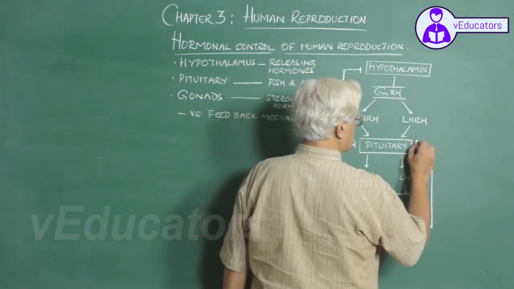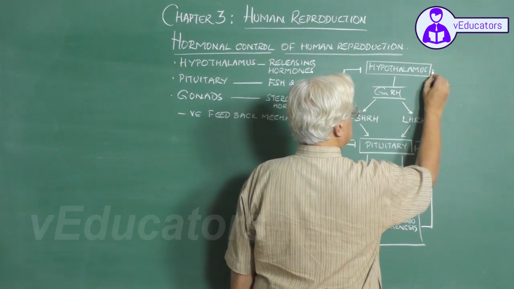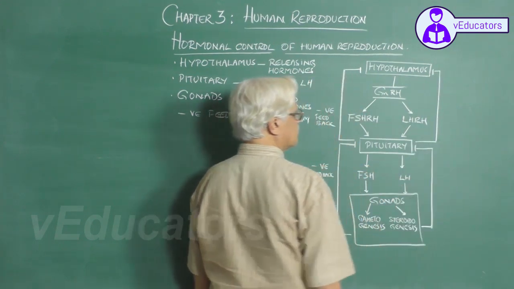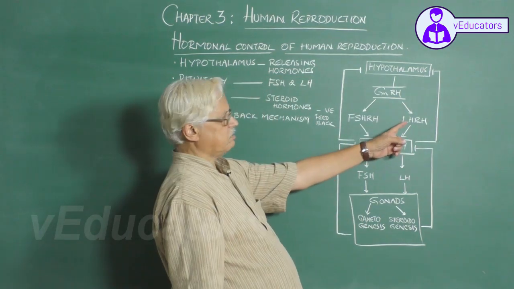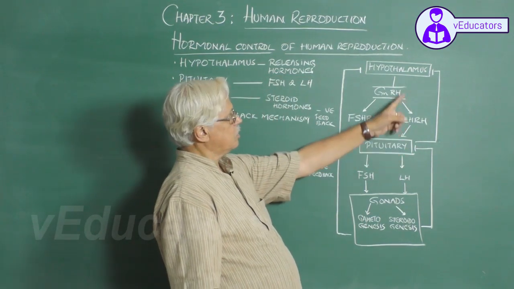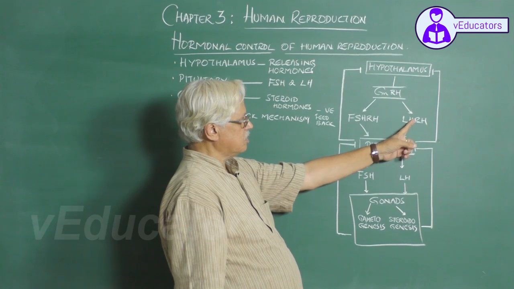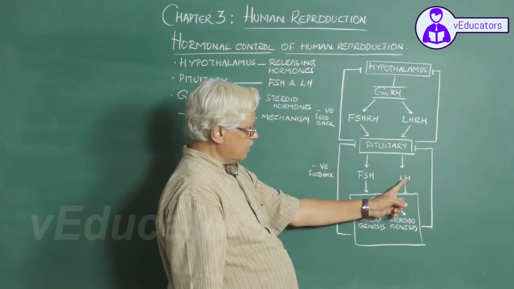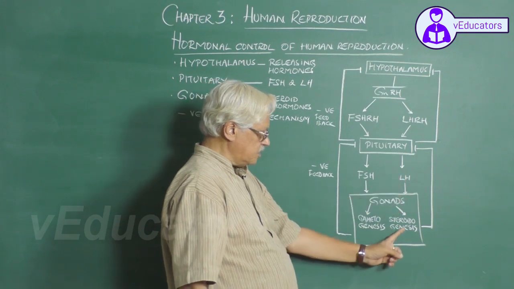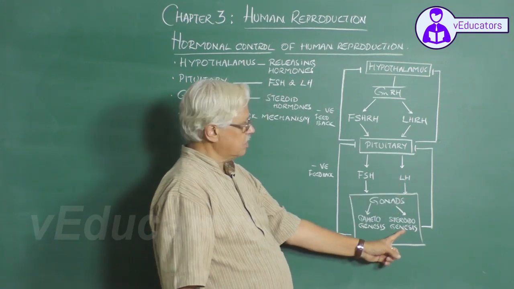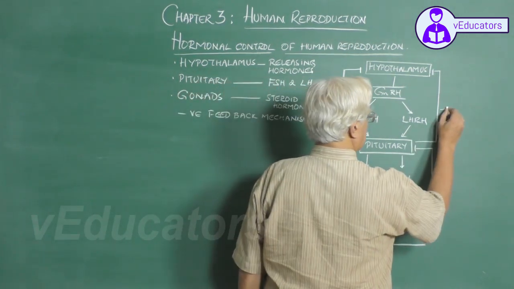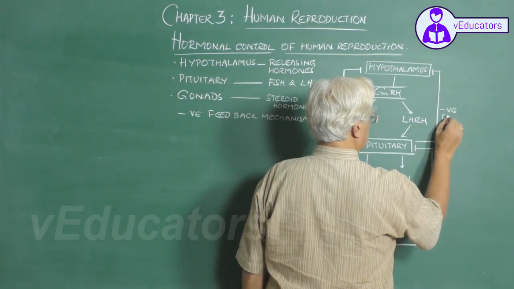Pituitary in turn sends a negative feedback to the hypothalamus to reduce the production of LHRH. So when the production of LHRH decreases, the production of LH decreases. When the production of LH decreases, steroidogenesis decreases. So this is again a negative feedback.